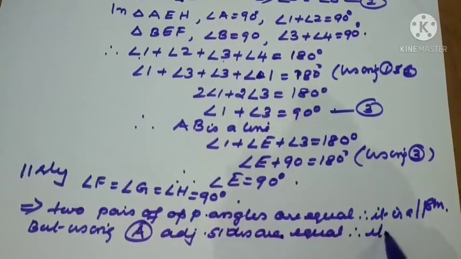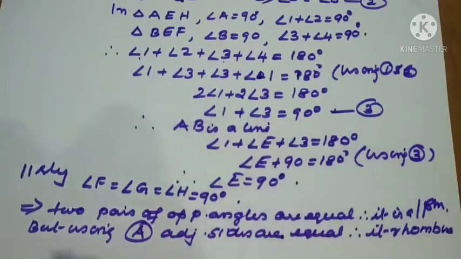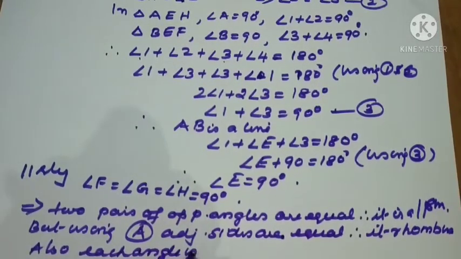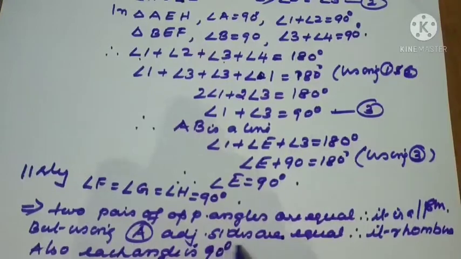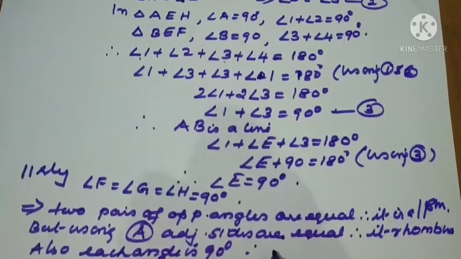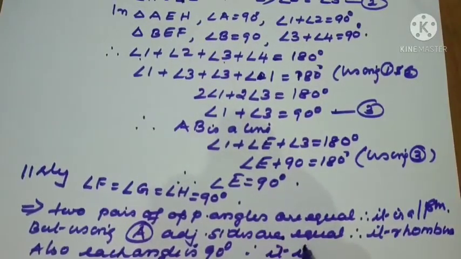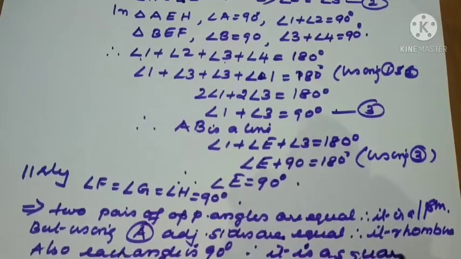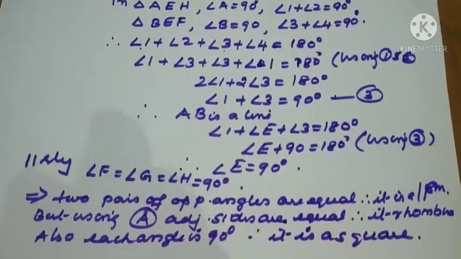Therefore, it is a rhombus. Also, each angle is 90 degrees. Therefore, it is a square. Hence proved.